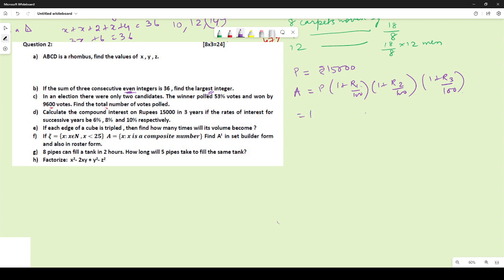So this should have been 15,000 into, now R1 is 6%, so this becomes 106 by 100 into 108 by 100 into 110 by 100.